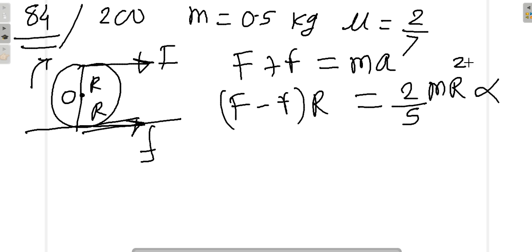Now, since the equation V equal to R omega holds for pure rolling, if you take the derivative, dV by dt will be A and d omega by dt will be alpha. So you can apply A equal to R alpha, or you can put straight away alpha equal to A upon R. Please note, this is only for pure rolling. So you will get another equation.